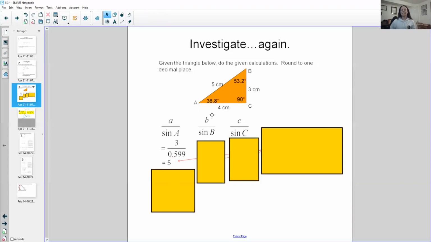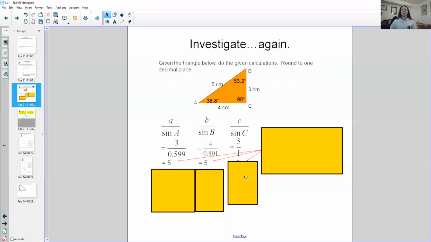If you take a second side, now I'm going to look at angle B and side B. They're across from each other. Angle B is 53.2. If I take 4 divided by sine of 53.2, because they're across from each other, I should also get about 5. And then for the third one, if I take 5 and divide it by sine of 90, which is 1, 5 divided by 1, I still get 5.